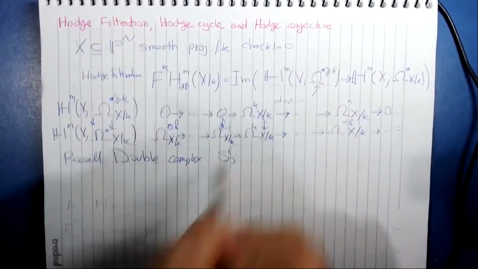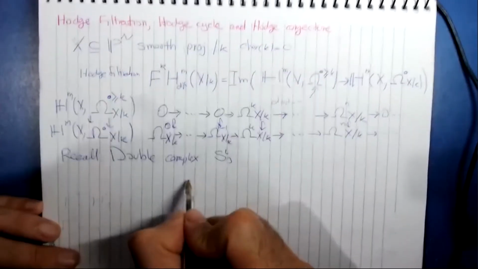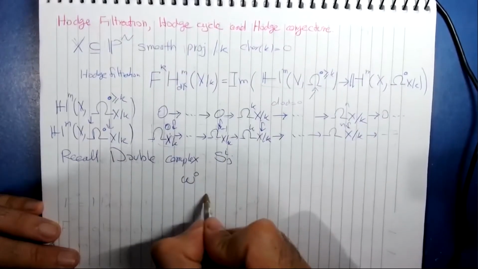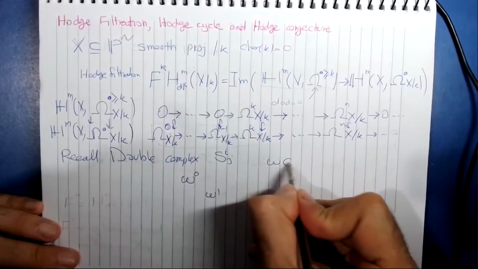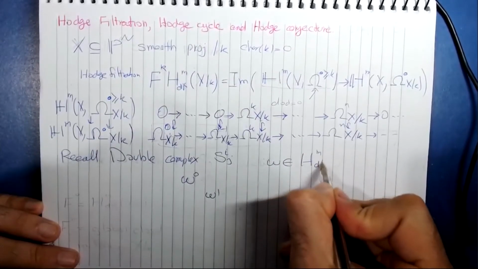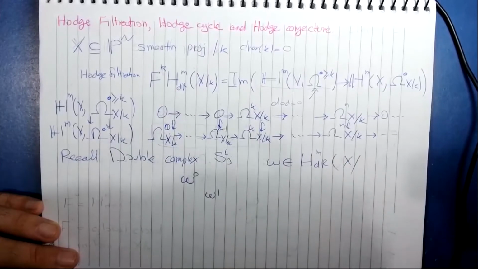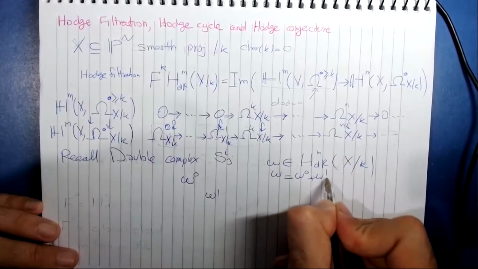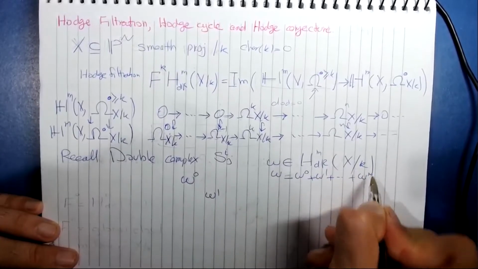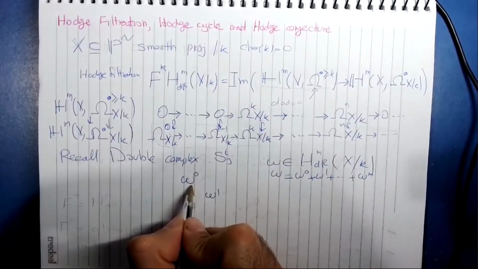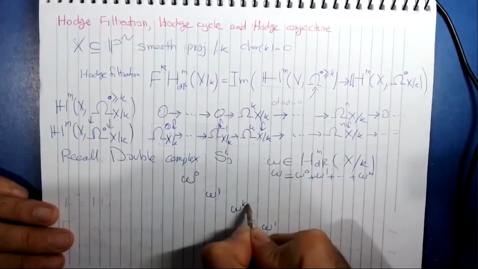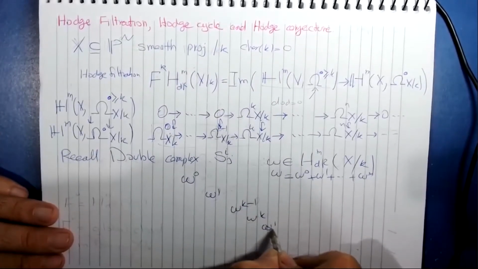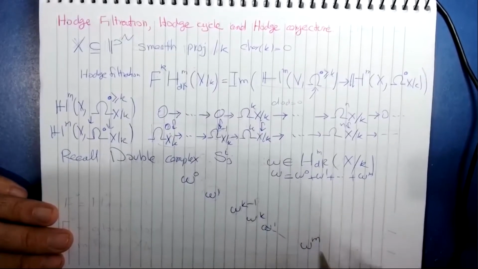And remember that an element of the hyperhomology H^m, algebraic de Rham, we denoted by omega, which is omega_0 plus omega_1 plus up to omega_m. Omega_0 was a bunch of 0 forms, omega_1 a bunch of 1 forms, until omega_(k-1), omega_k, and then going up to omega_m.